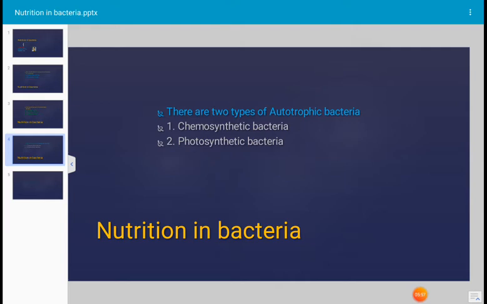Let us discuss the chemosynthetic bacteria. While manufacturing their own food, these bacteria do not utilize solar energy. They obtain energy from oxidation of certain chemicals. In such a process, all reactions are exothermic.